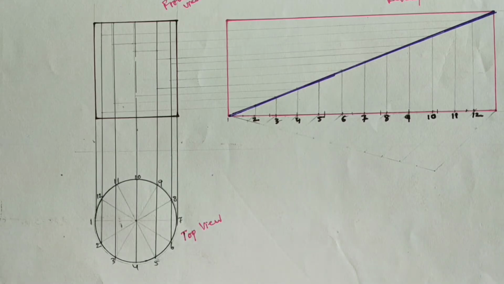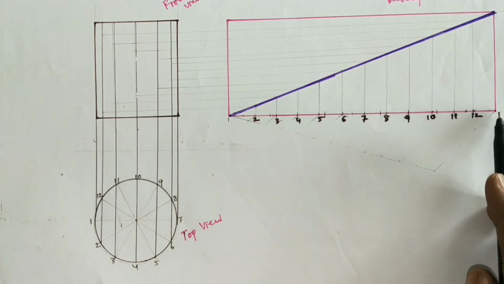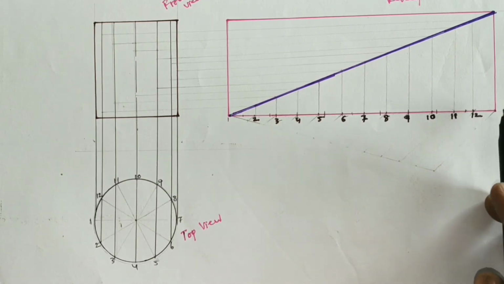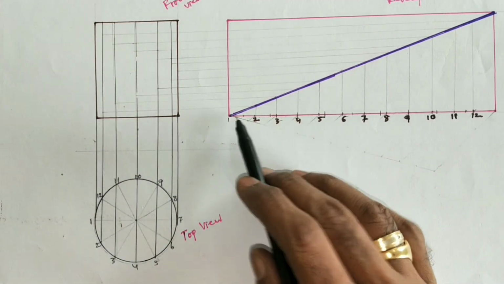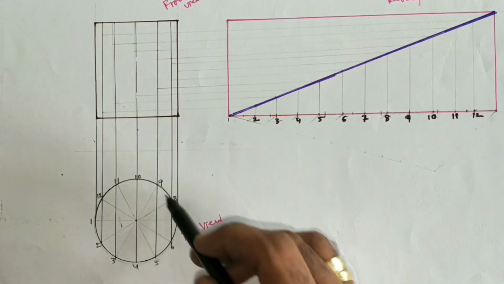Next, let us come to the development part of the cylinder. Here, this length would be the circumference of the circle of the base. This also is to be divided into the same number of equal parts that we have divided this circle.